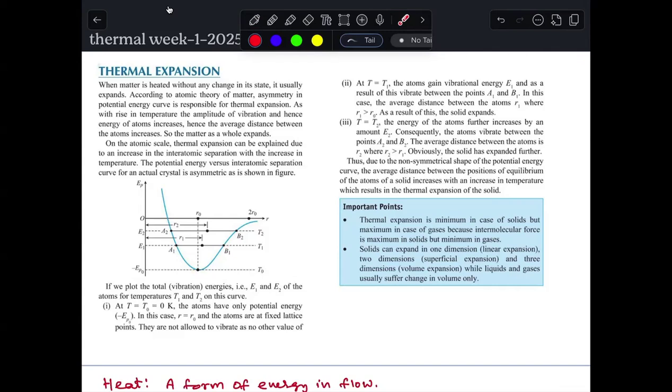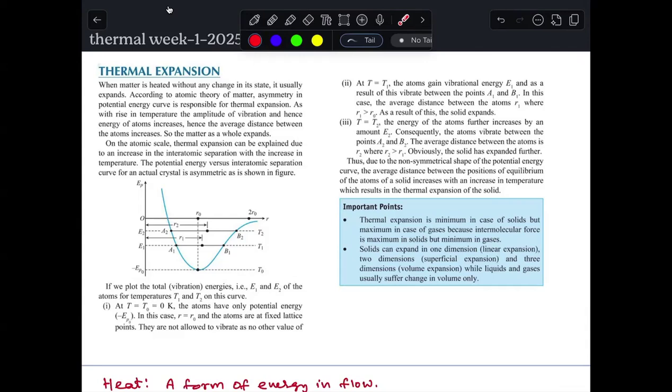The graph is not symmetric. That is why in SHM, why is it simple? Because it is symmetric. Whatever amplitude you see on the left side, the right side has the same amplitude. Whereas in solids the heating process takes place like this.